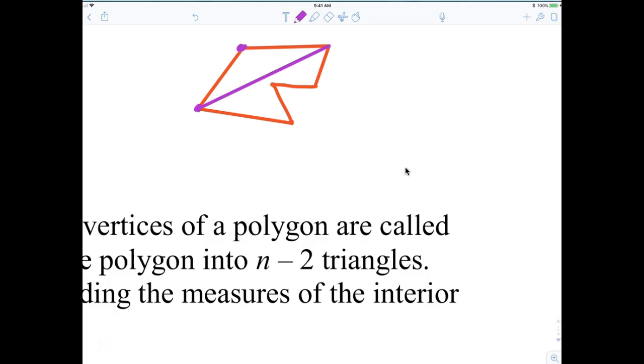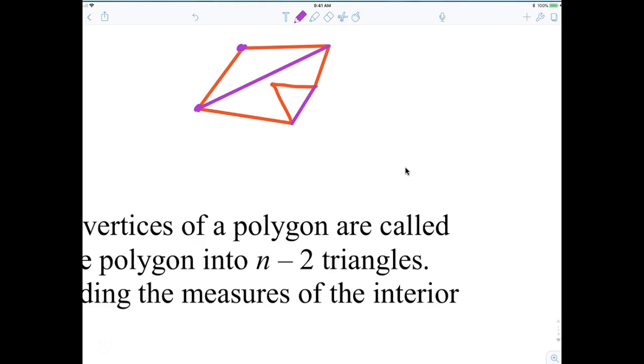Now this from here to here is a diagonal, but that diagonal is not in the interior of the polygon. Therefore, it is considered a concave polygon.